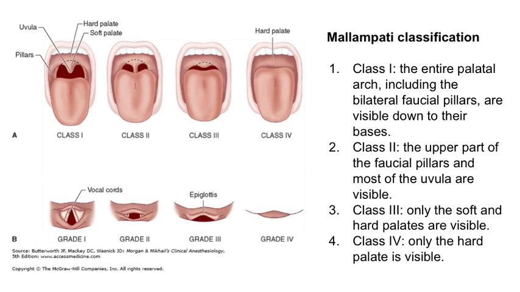Most of the uvula can also be visualized. Class 3 is where you can only see the soft palate and the hard palate. The uvula is not visualized. And class 4 is where you can only see the hard palate, not even the soft palate. And so you're going to have difficulty, a lot of challenges that you may face in the endotracheal intubation.